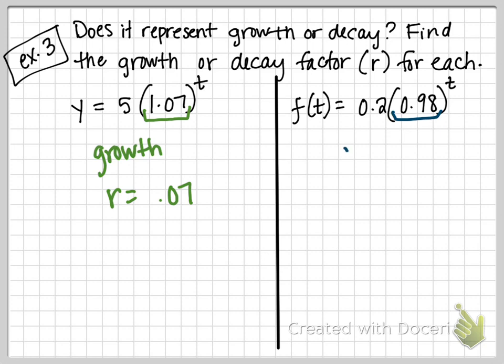And you multiply it by 0.2, correct? The way that we find that rate is we do 1 minus 0.98. So by what rate is this decaying every interval?